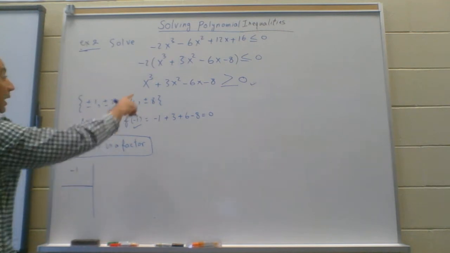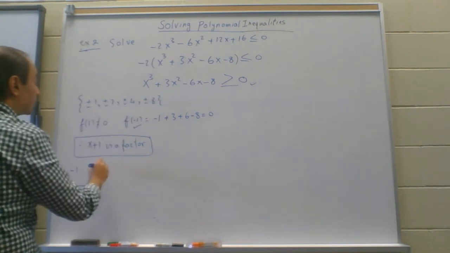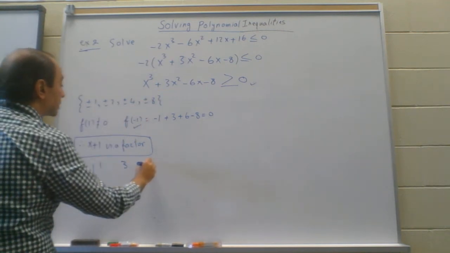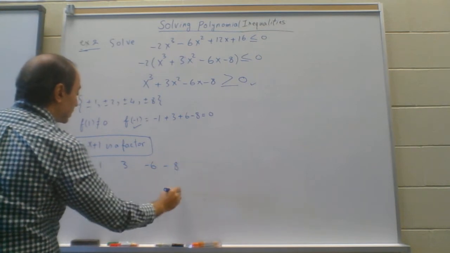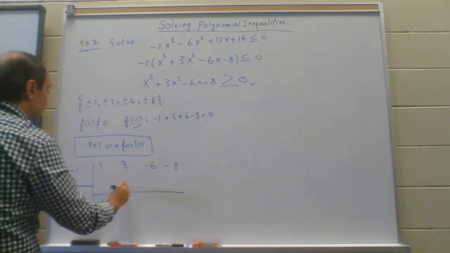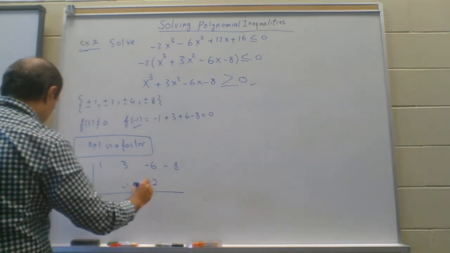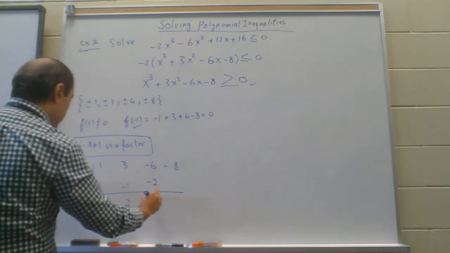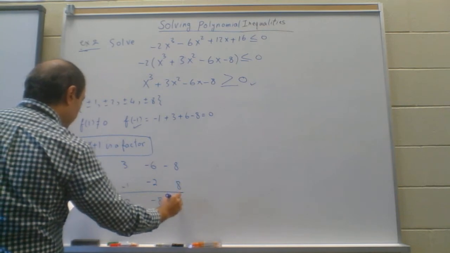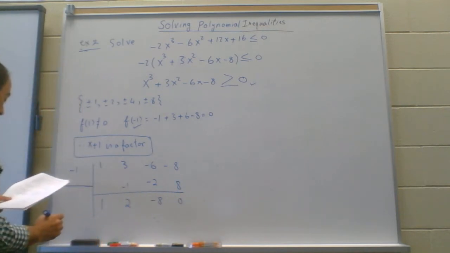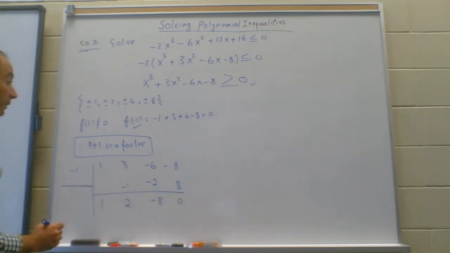Negative 1, I will put the coefficients. 1 goes down, negative 1, 2, so this is how it looks.